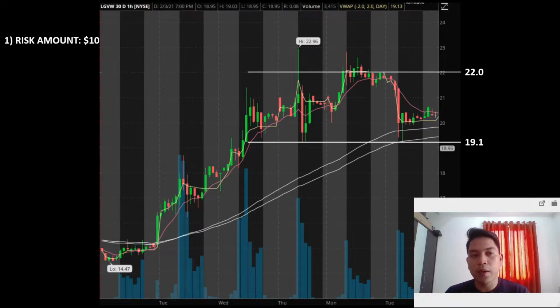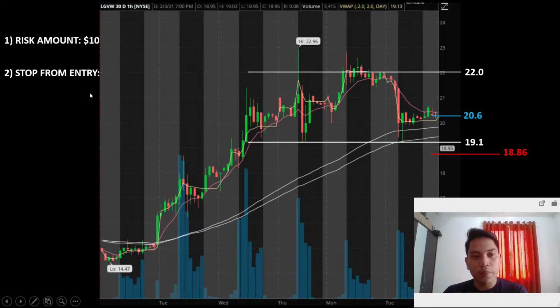First, we determine our risk amount, which is 1%. Say we have a $1,000 account, so that's $10. Next is our stop from entry. So first, we determine our entry, which in this example is around 20.6, and then we want our stop not at 19.1. We want a little bit of wiggle room below that, so say 18.86.